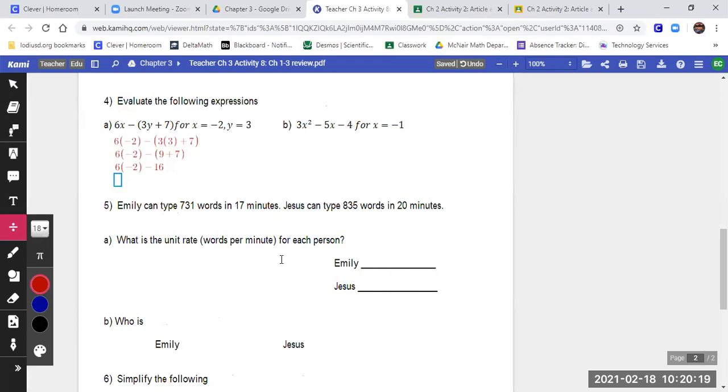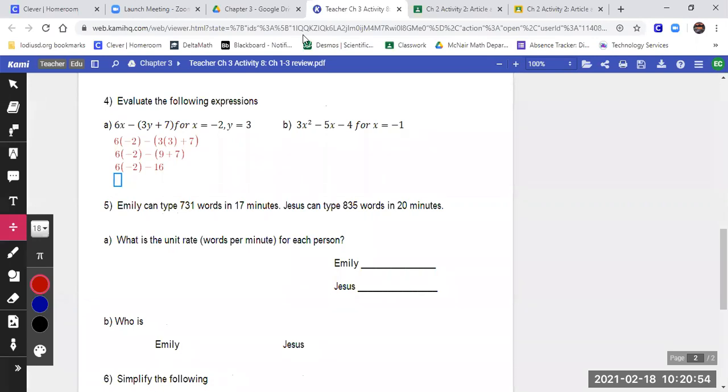I see a 6 times a -2. What do we get? -12. Yep.